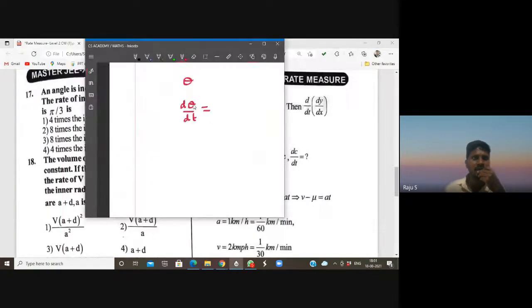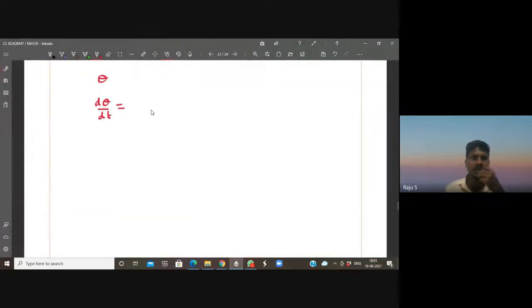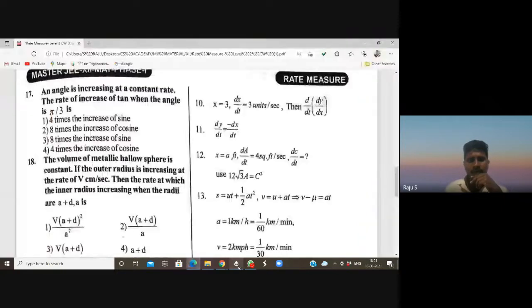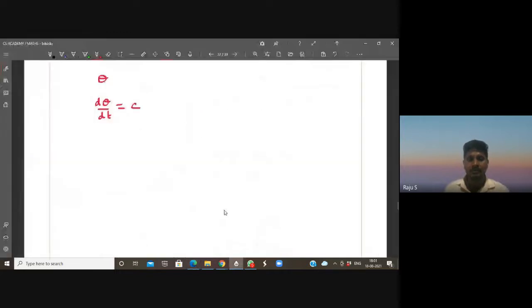Shall I take it equal to C, something? C, a constant rate. And next, the rate of increase of tan when the angle is pi by 3. Angle is pi by 3 means theta value pi by 3 they have given.